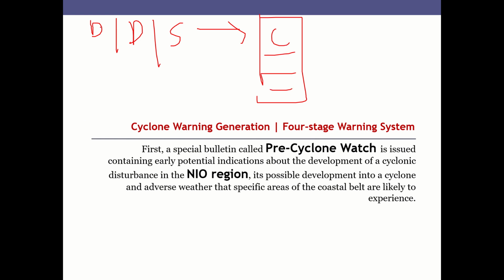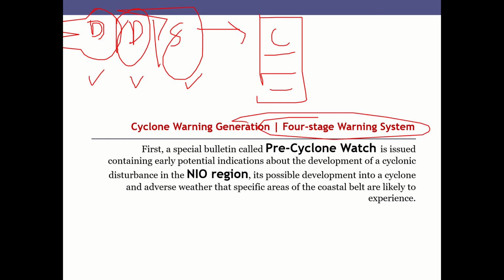When do we send an alert? Do we send an alert during disturbance, or during depression, or when the actual cyclone is formed? Okay, so for that also there is some protocol, there are some specific guidelines mentioned, which is actually a four-stage warning system adopted by the Indian Meteorological Department.